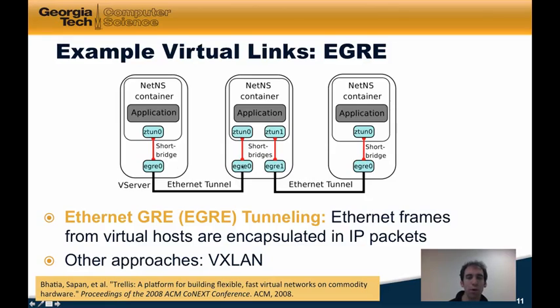So two virtual machines or virtual nodes have the appearance of being connected by a point-to-point layer 2 Ethernet link, but are in fact sending their frames over a multi-hop IP network. There are other approaches to constructing virtual links, such as VXLAN.